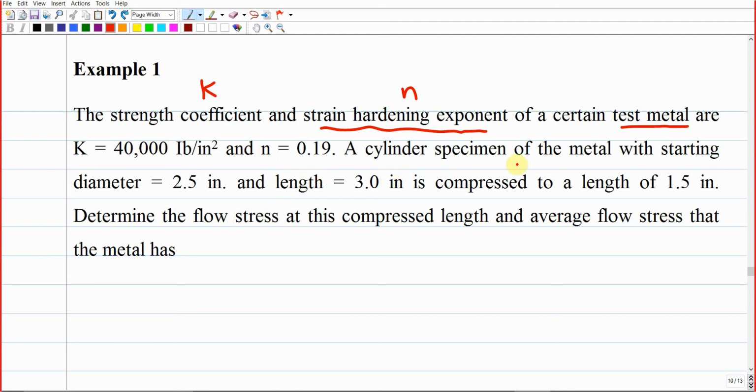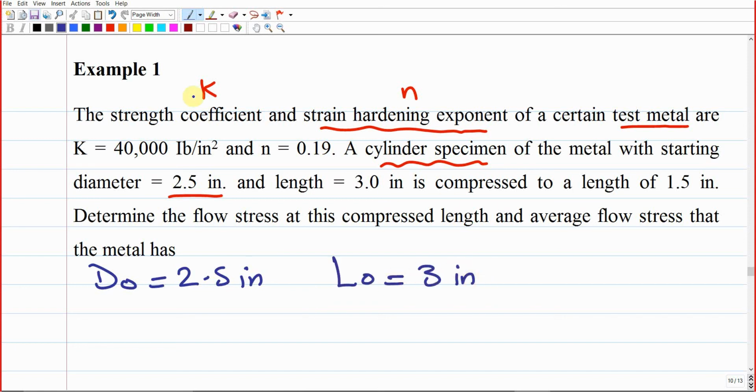A slender specimen. So the specimen is a cylindrical shape of metal with a starting diameter, which should be D0. This is the first given data here. D0 is already given as 2.5 inches. And the original length is 3 inches. We are going to compress the material to another length.